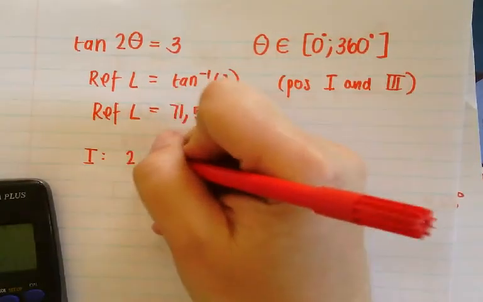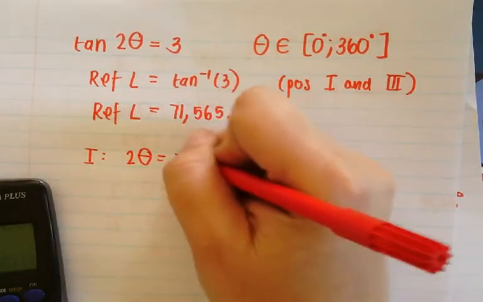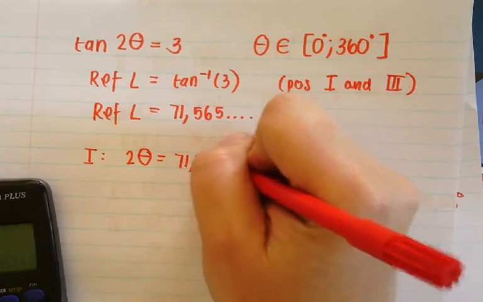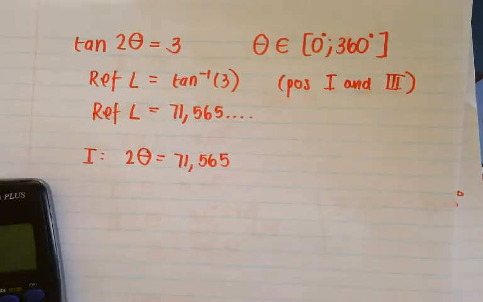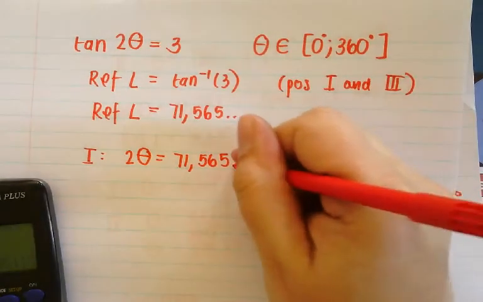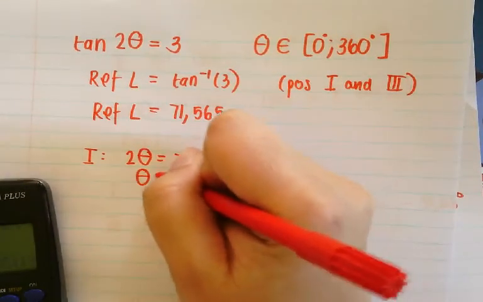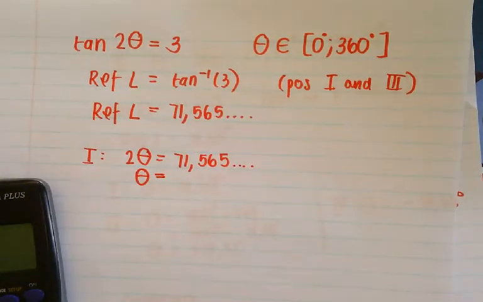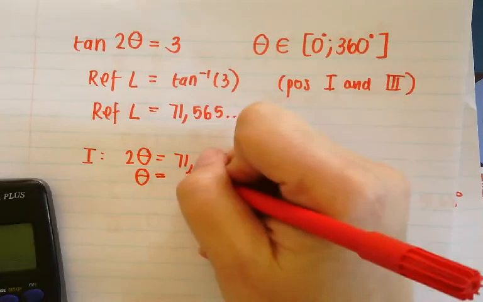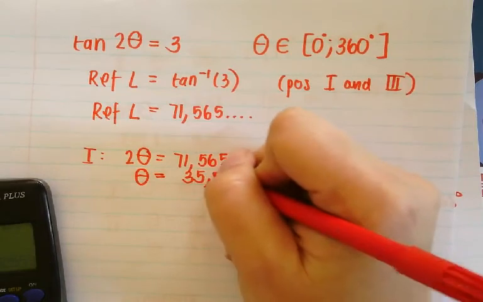I'm going to have 2 theta equals 71,565, and so on. So what would theta be? What do we need to do? Divide by 2. So theta would be 35,78 degrees.